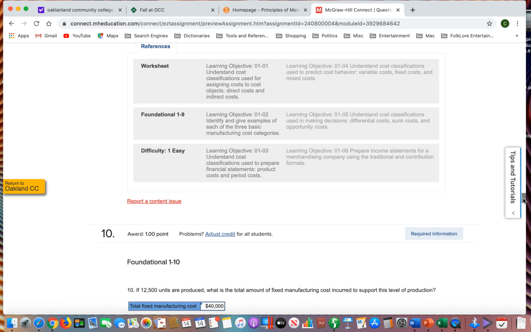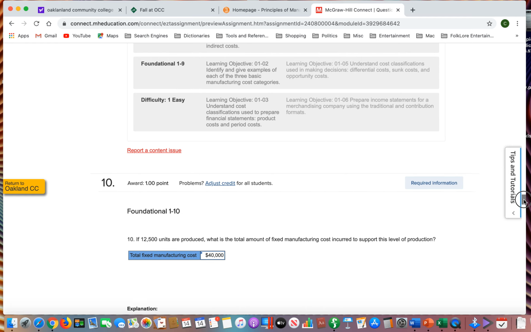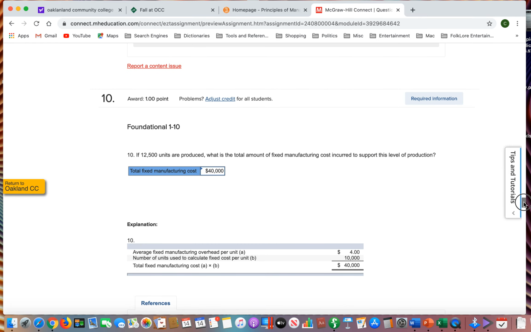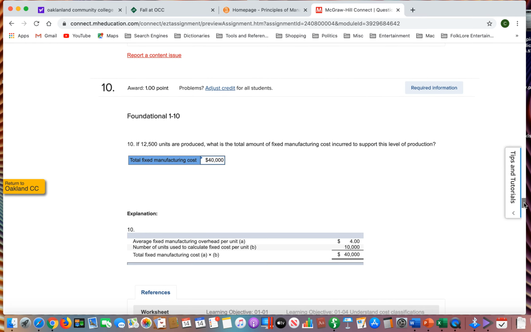That seems confusing because they said that we had those two notes that at that particular production level of 10,000 it is at 40,000. At 10,000 units is $4 per unit. And somehow, to me, again, that's confusing.